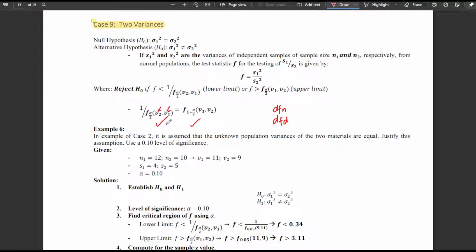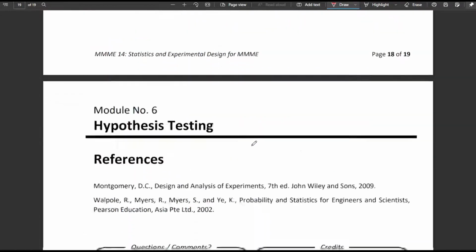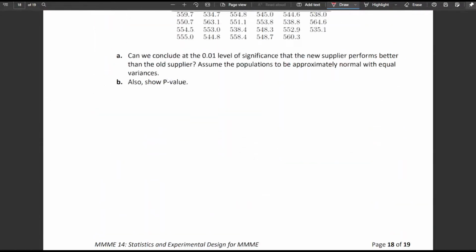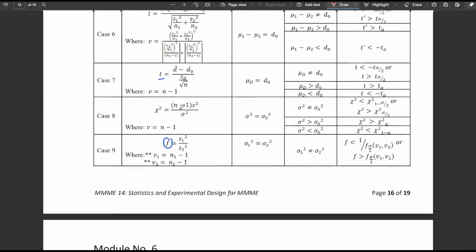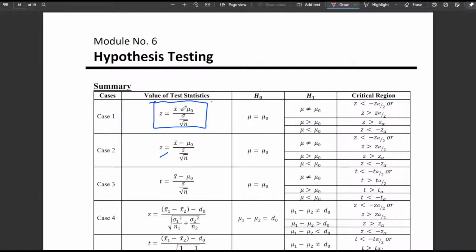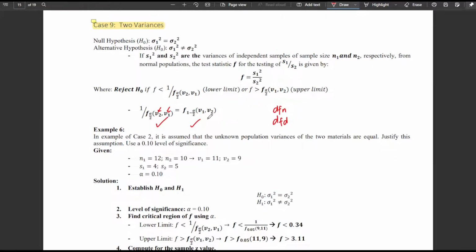This was very significant back in the day because we only had one table. I'm not sure if there is a copy of the table, I can show you a copy of the table, but usually when we did this, we didn't have access to Excel. So what we did was look it up in the table. The table is not as extensive as we want it to be, since there are so many values, so we had to do manipulation such as this.